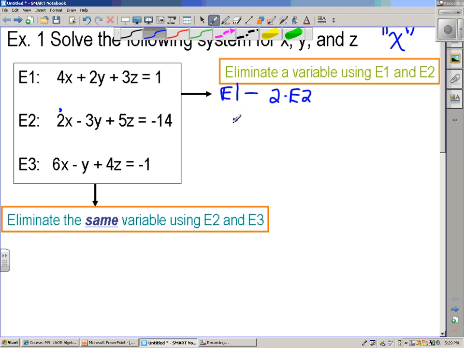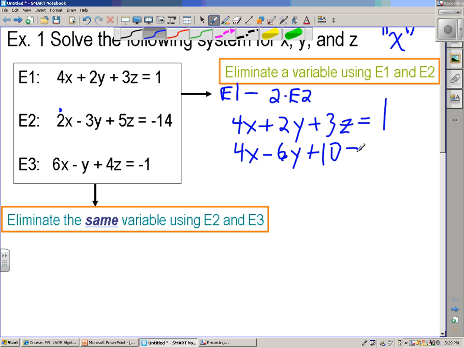Let's see how that looks written out. This is going to be 4x plus 2y plus 3z is equal to 1. And now 2 times equation 2 is 4x minus 6y plus 10z is equal to negative 28.